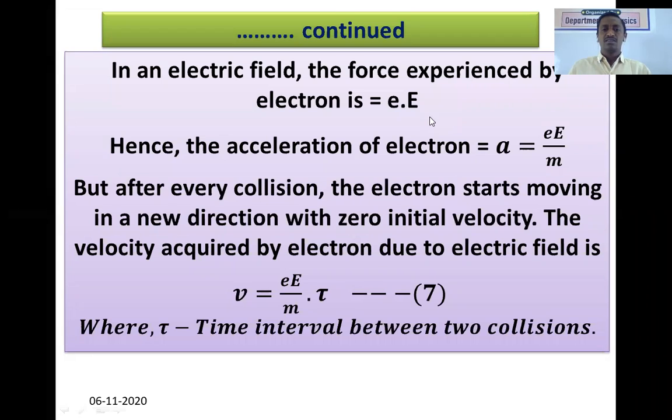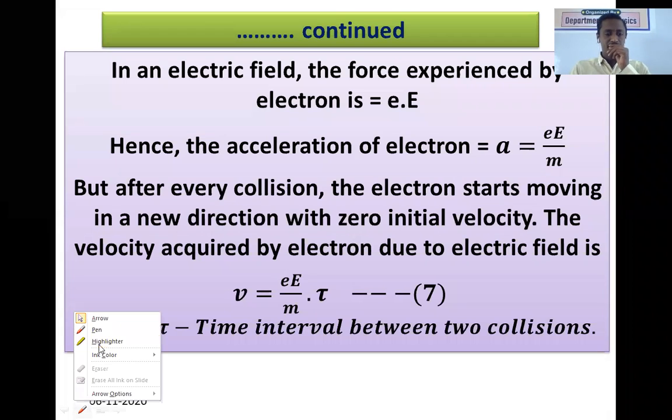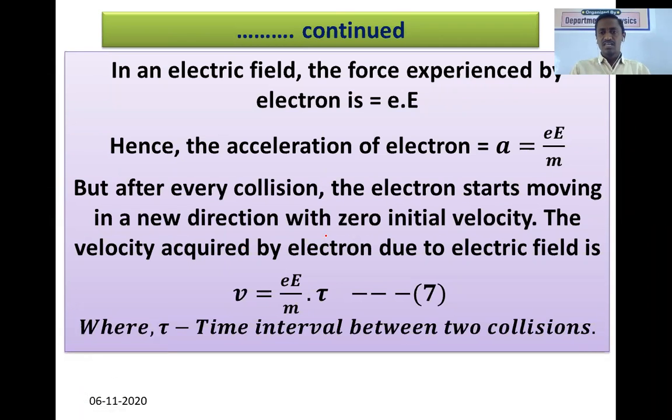The force experienced by a charged particle having charge e is equal to small e into capital E, where small e is the charge of the electron and capital E is the electric field applied to that metal or conductor. So e into E is the force experienced by the charged particle.